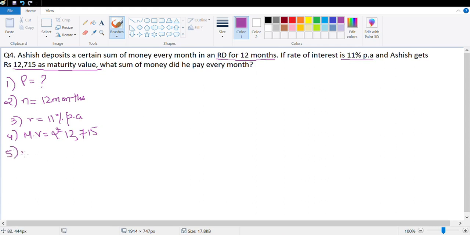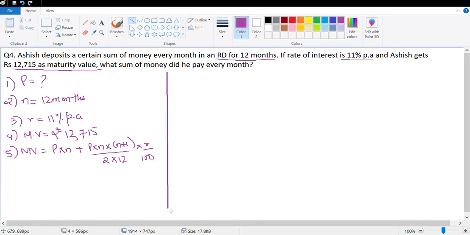So we know the formula, maturity value is equal to P into N plus P into N multiplied by N plus 1 upon 2 into 12 multiplied by R upon 100. Let's substitute values and let's see what we get. So maturity value is 12,715. Principal not known.